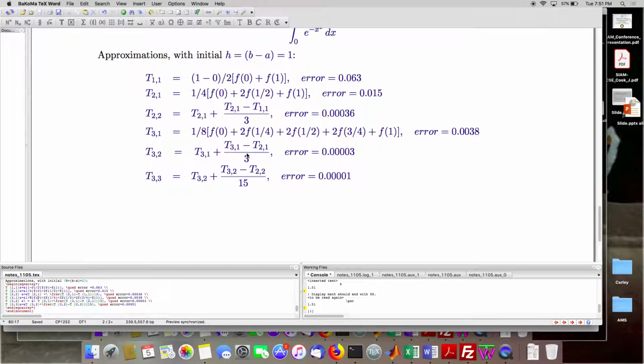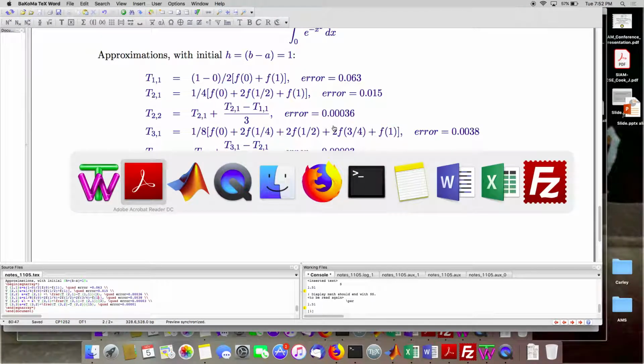So if I were to go again with spacing of 1/8, all of these function values would be used again. And I have new ones to fill in. 1/8, 3/8, 5/8, 7/8. So that's what happens every single time you go from one level to the next. Roughly half the function values you need in your trapezoidal rule approximation have already been computed. And then you have the other half that you have to compute new.